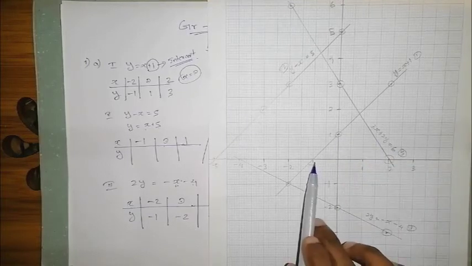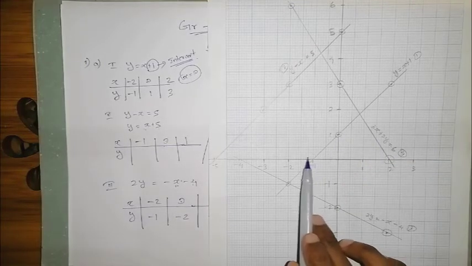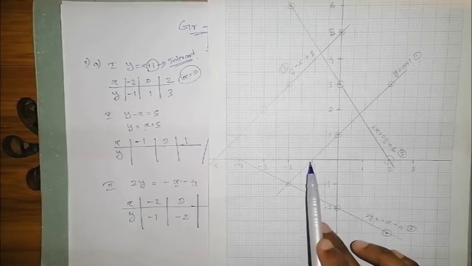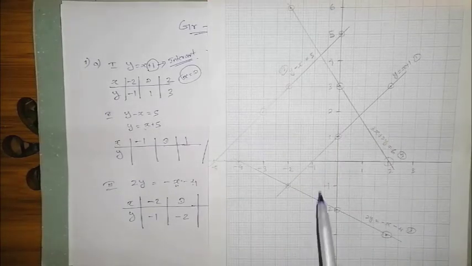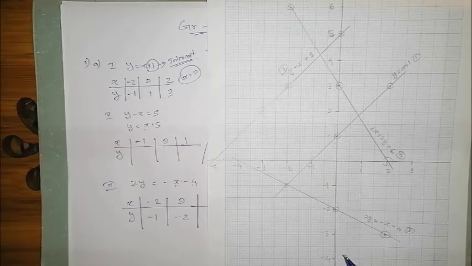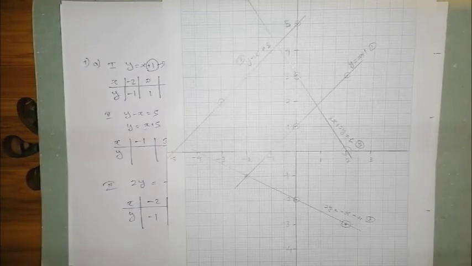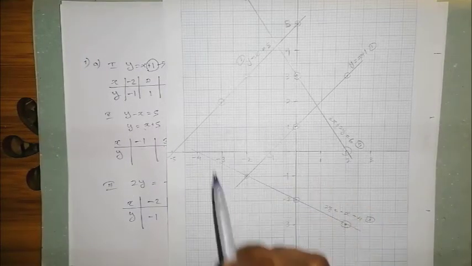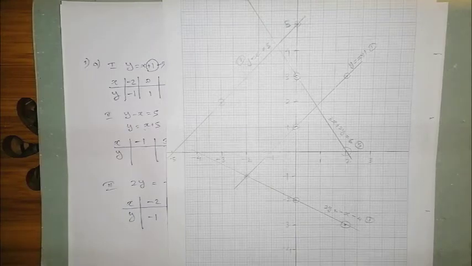The intersection on the x-axis is minus 1, 0. So using this graph, you can take the intersection values. You can check the answers I have sent already. You know how to get the answer.